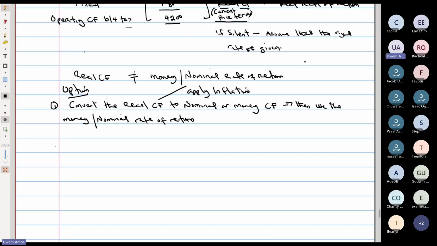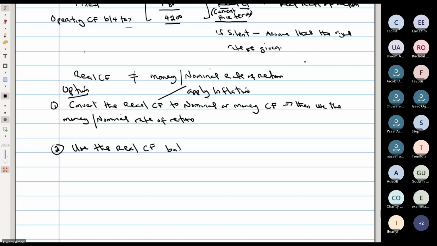Our second option: because money cash flow must go with money rate of return, real cash flow must go with real rate of return. We use the cash flow as it is. We don't change it. So we use the real cash flow, which is what we're given, or current price term cash flow.